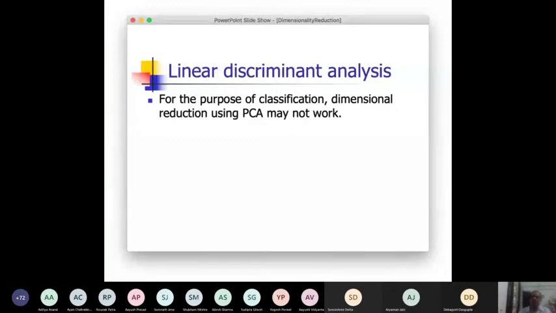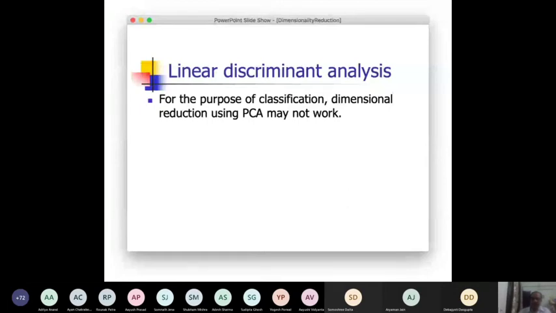Now I will consider another type of analysis, which is quite similar to principal component analysis. That means it also uses the projection of data points along a direction. But the interesting thing is that it also takes care of the information of class levels. So it is a kind of supervised data on which you are trying to find a direction, and your objective is not to preserve the variances of the data in the projected points.